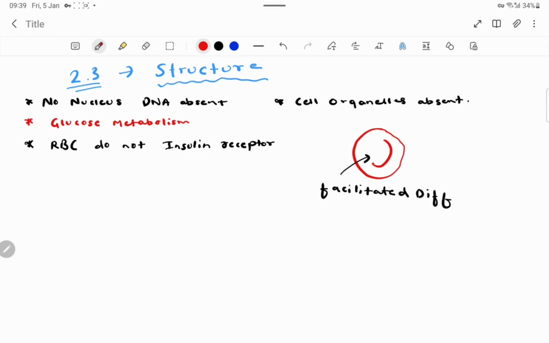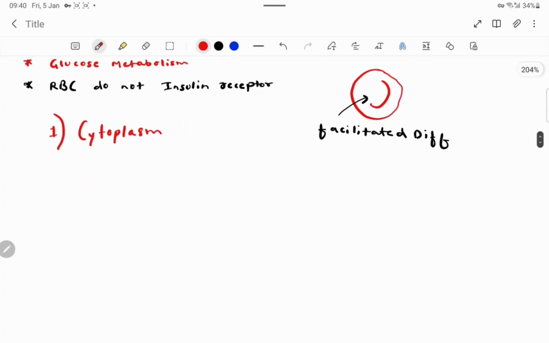So what structure does RBC have? So RBC only have cytoplasm and cell membrane. So firstly we'll study about cytoplasm. The major part of cytoplasm is taken by hemoglobin.